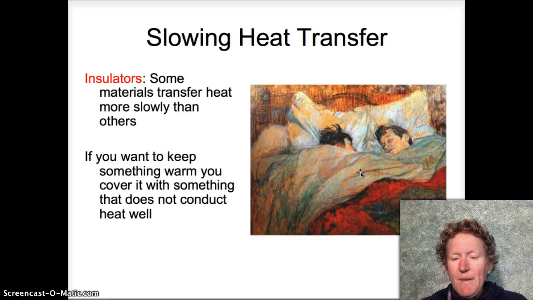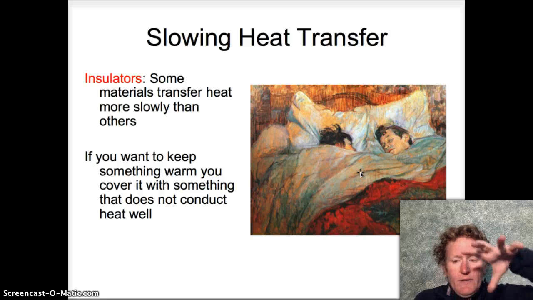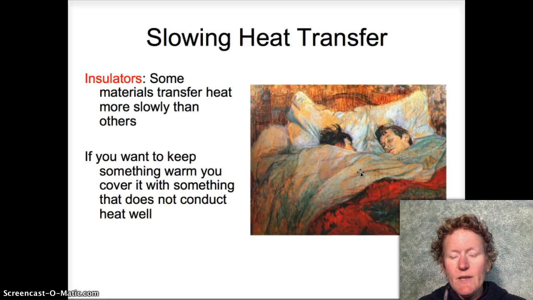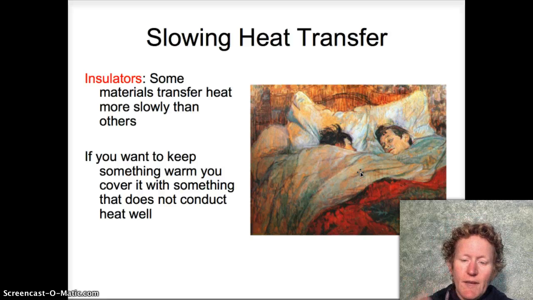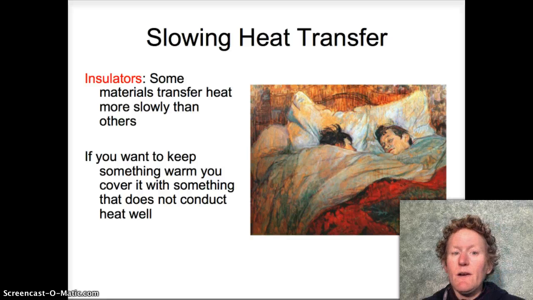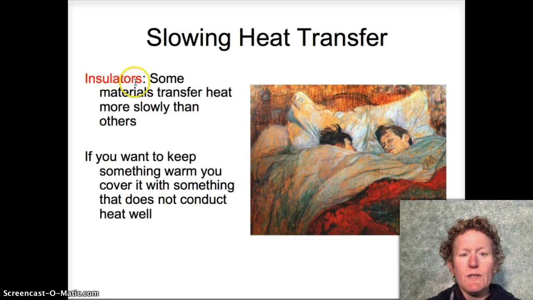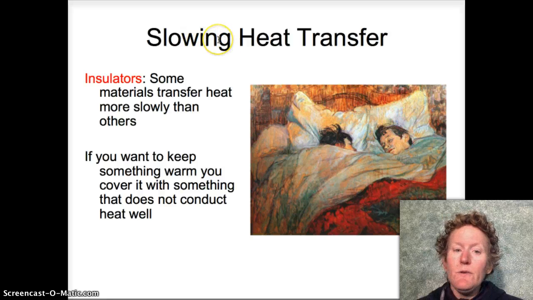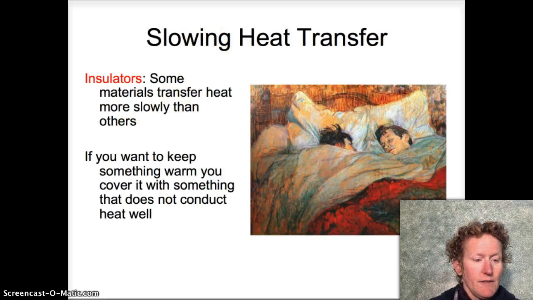So if it's just standing still next to your body and you have this nice fluffy thing around you like a pillow, it will hold the heat in and it will not conduct it very well, and it will keep you warm. So things that are poor conductors are good insulators. If you want to slow down heat transfer, use something that's a poor conductor of heat.